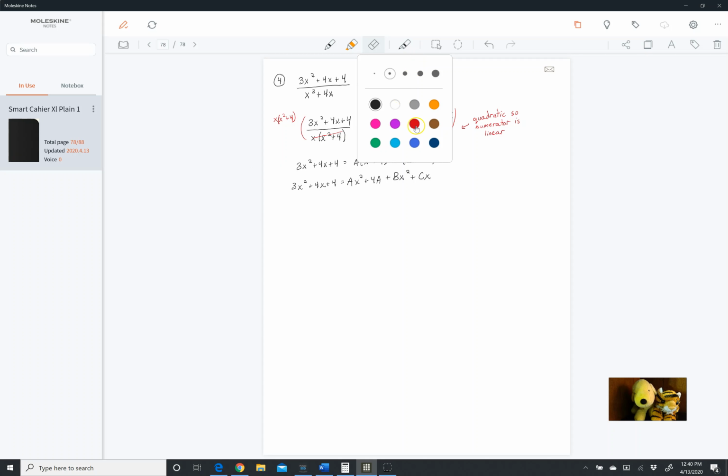Now we can rearrange, okay? We want to rearrange it so our exponents are going down, and so that we combine like terms. So the a and the b are going to be grouped together. So we have 3x squared plus 4x plus 4. We have an ax squared and a bx squared. Then we only have a cx, and we only have a 4a.